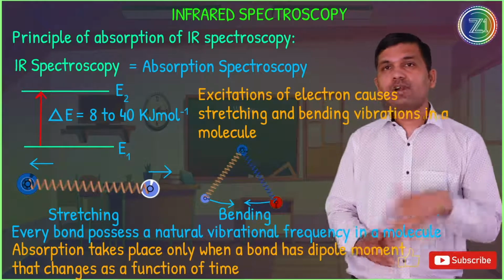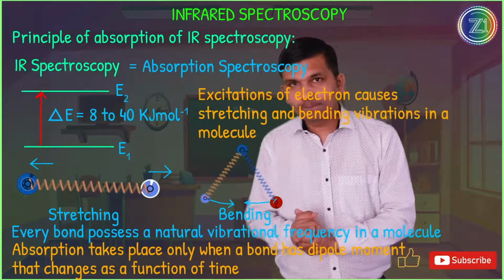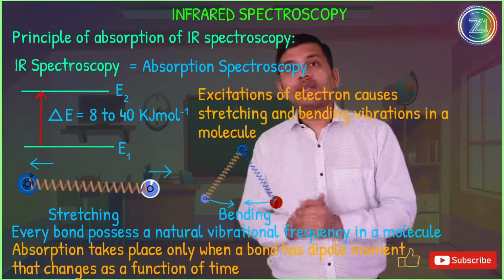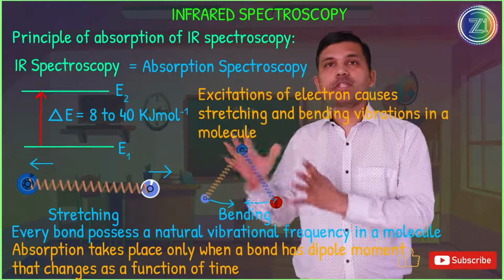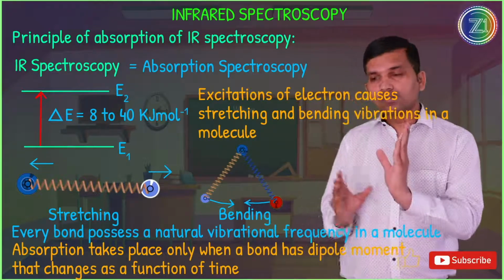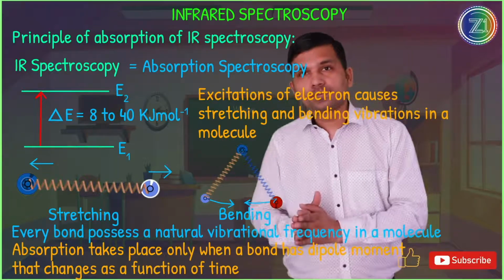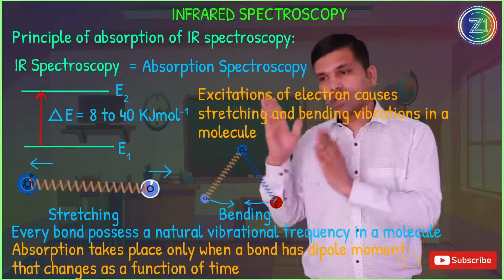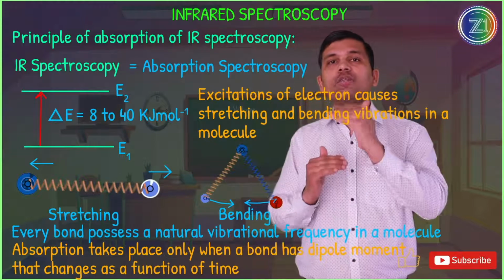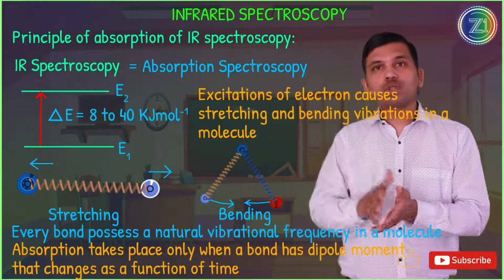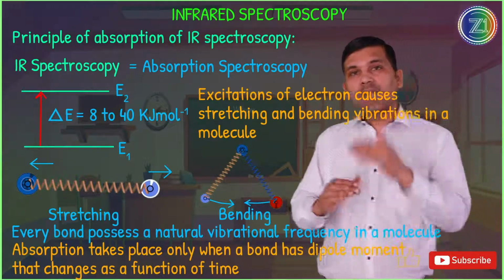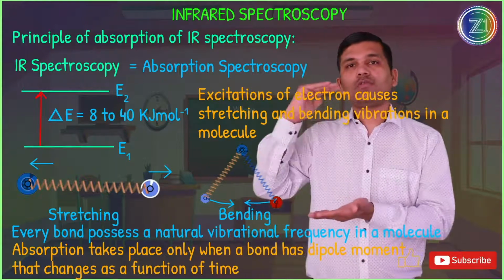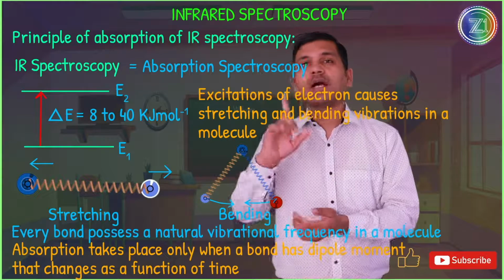What happens there? Basically, when the dipole moment of the bond that is changing with respect to time couples with the sinusoidally changing electric field of the radiation, then there is resonance. Then there is the absorption of energy, and during this absorption there is excitation of electrons from a lower energy level to a higher energy level.